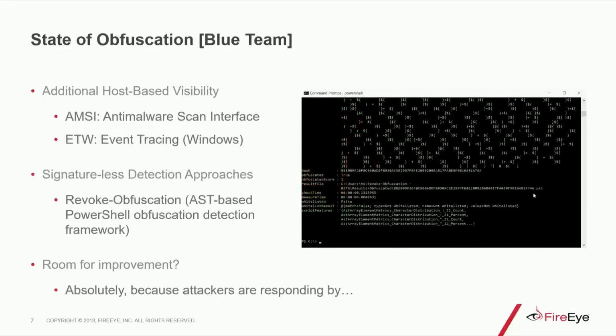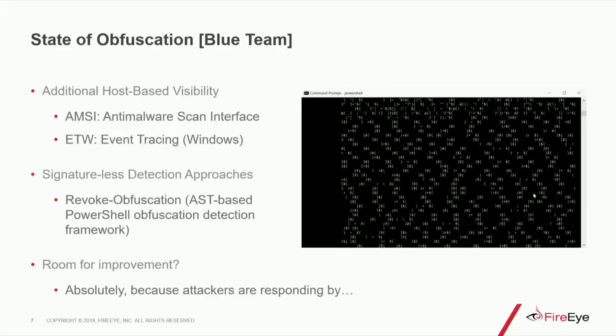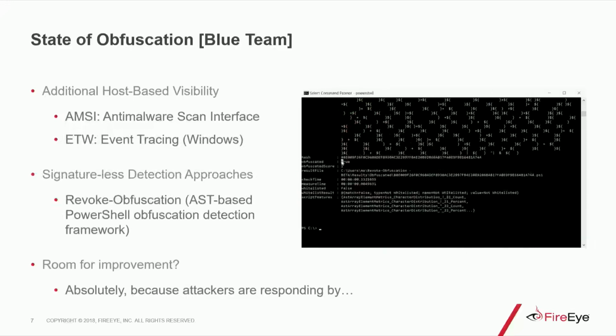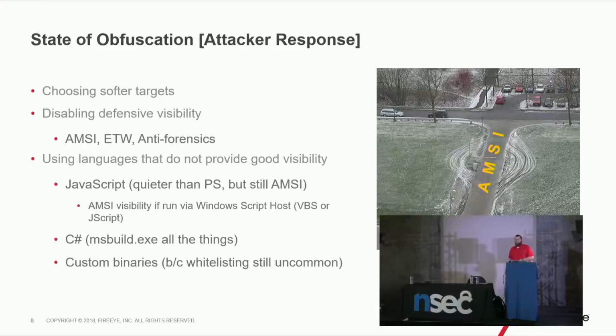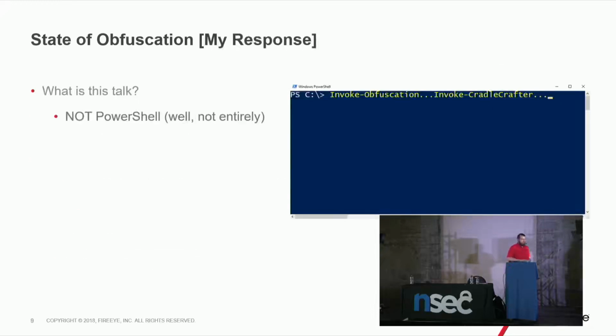So there have been really cool strides in this industry for detection. But attackers, they just respond. Sometimes they respond by choosing a softer target in general, or they'll just straight up disable these defensive capabilities, or they'll use languages that just don't provide this additional visibility. So this talk is kind of my response to all of this.